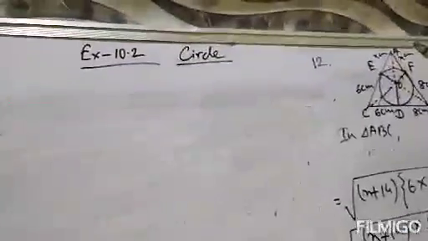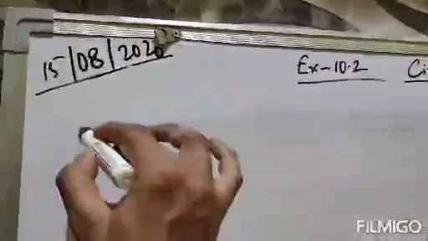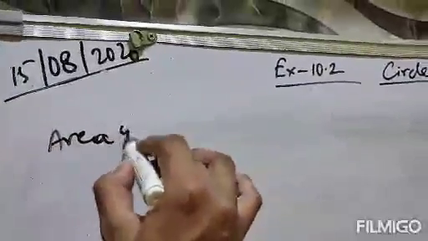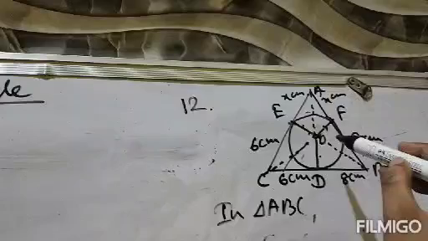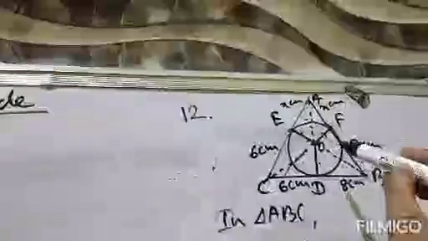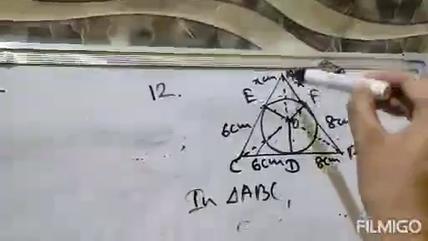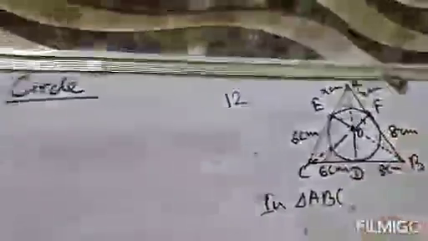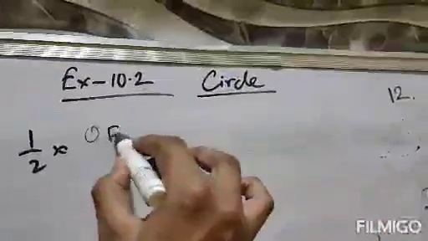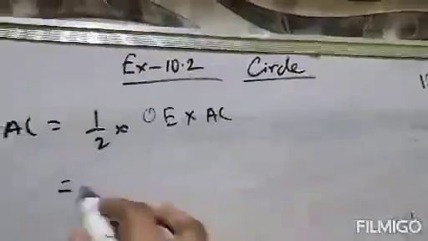Area of triangle OAC will be equal to 1 by 2 into base into height. So in case of triangle OAC, your height is OE and base is AC.